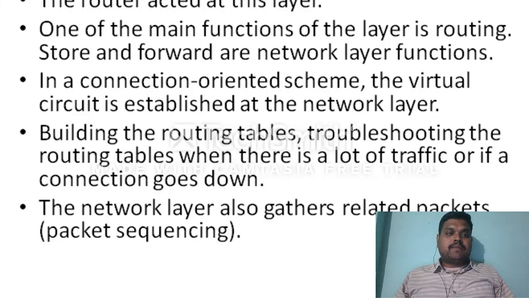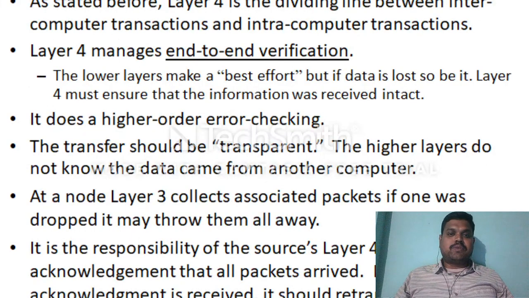So the network layer is the third layer of the OSI reference model, and the fourth layer is the transport layer. The transport layer will be responsible for end-to-end communication.